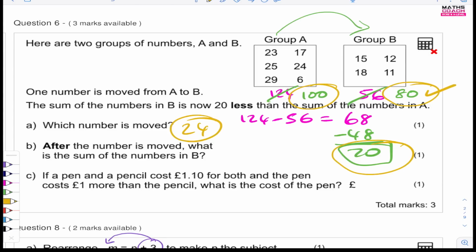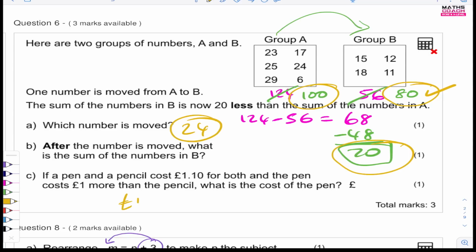It's 80. Part C. If a pen and a pencil cost £1.10p for both, and the pen costs £1 more than the pencil, what's the cost of the pen? So it's not correct to say that the pencil is 10p and the pen is £1, because yes, when they add up, they do give £1.10p, but the difference between them is only 90p.